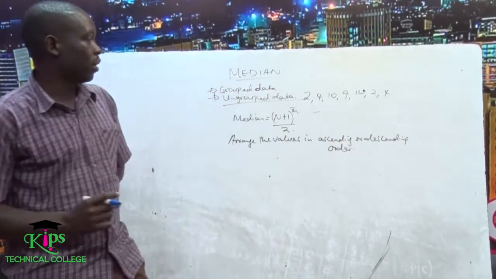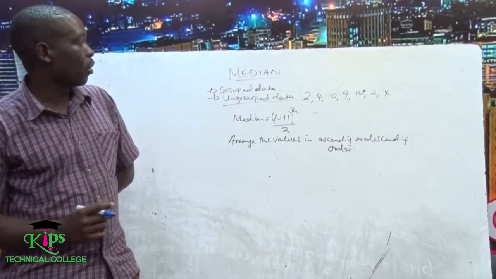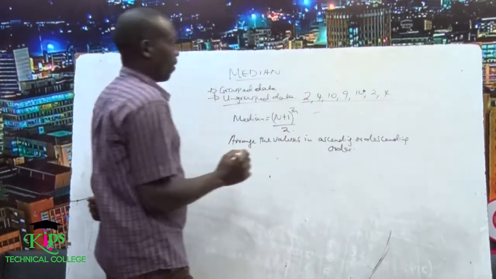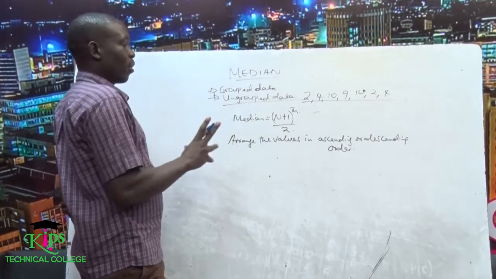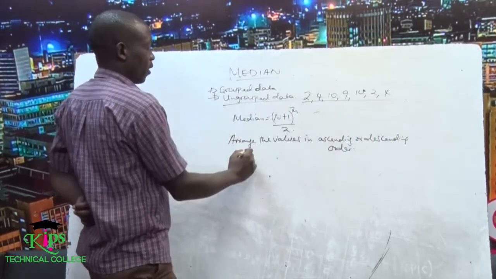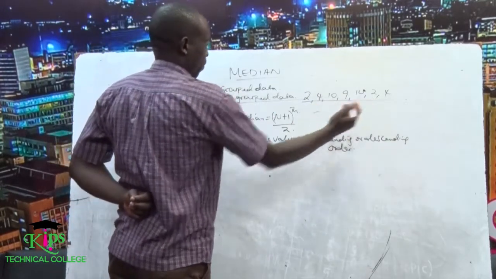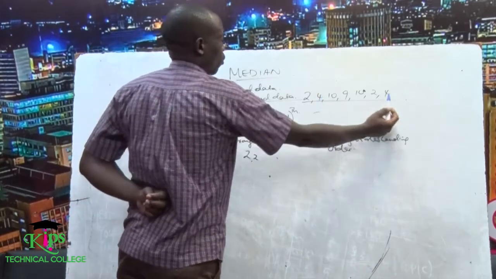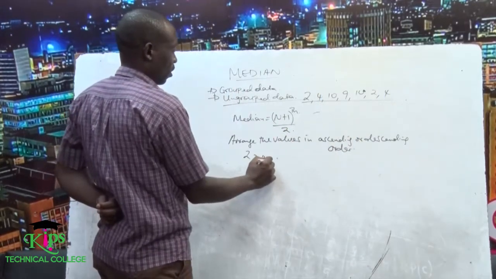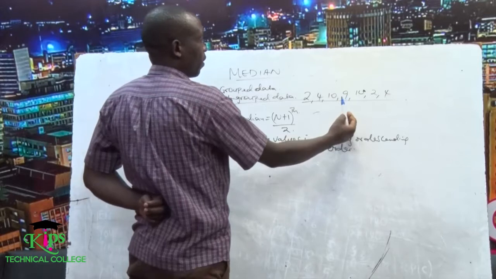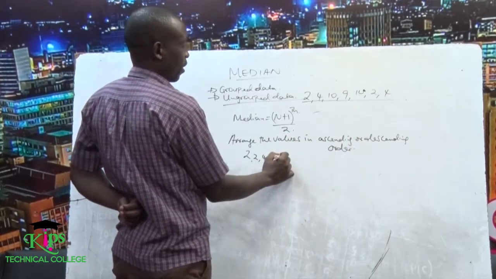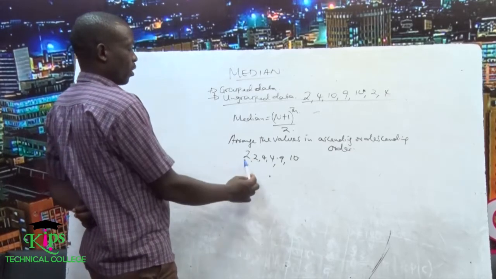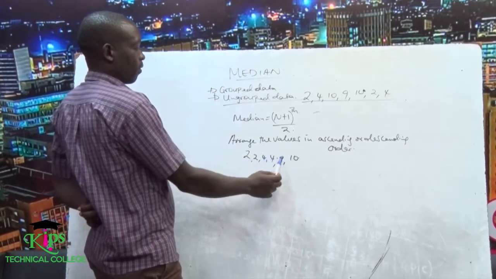Like in this data, when it is ascending, we start with the smallest value, which is 2. 2 is repeated, so we write it twice. Then we have 4, which also appears twice. Then we have 9, and then 10. So we have how many values? 4.